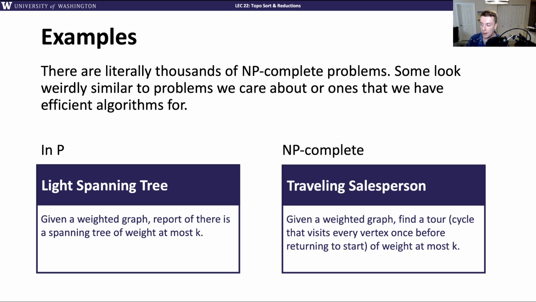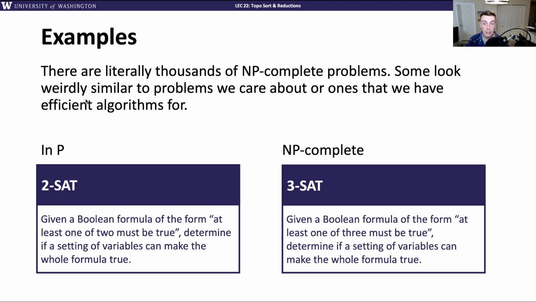And similarly, if we talk about 2SAT, the satisfiability of Boolean formulas, that's in P. And if you just switch that to 3SAT, now it's suddenly NP-complete. Now, this is why I said in our first video that if you came up with an efficient algorithm for 3SAT, you've now solved every important problem.